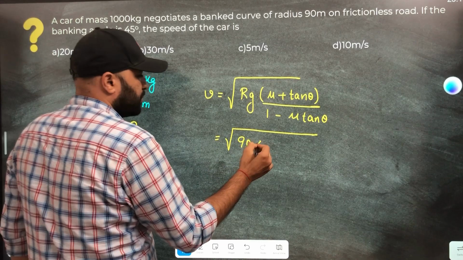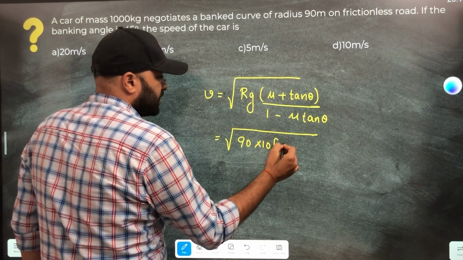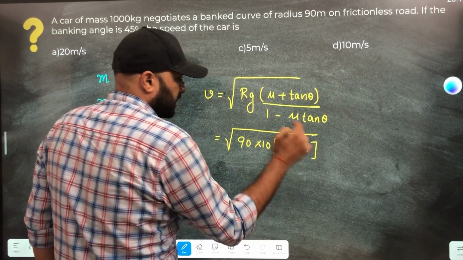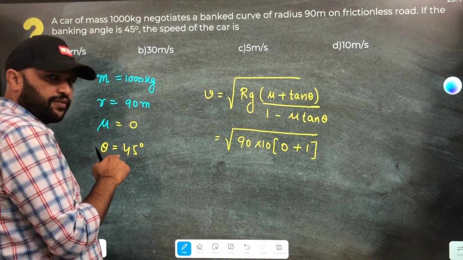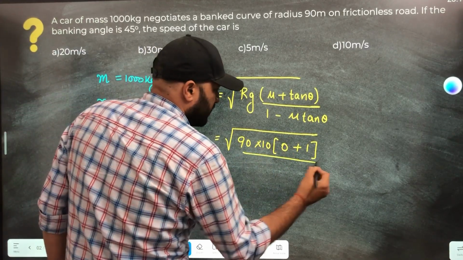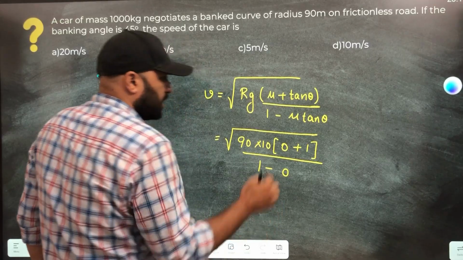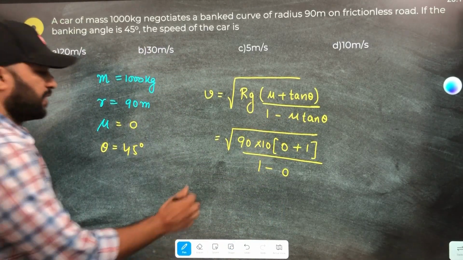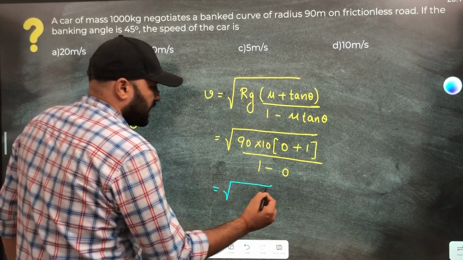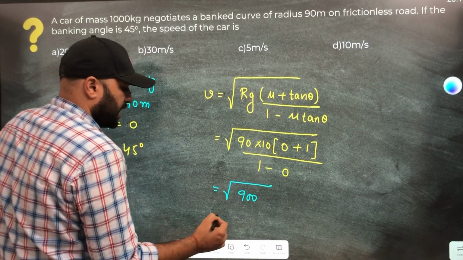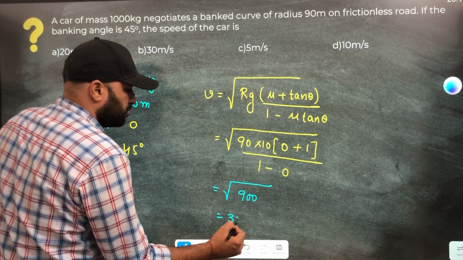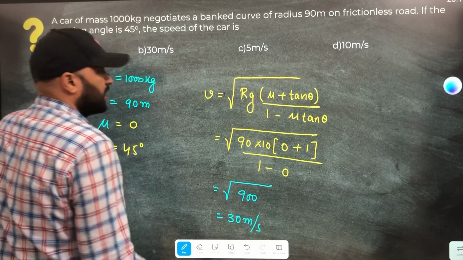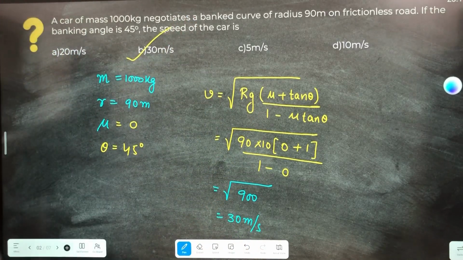G, acceleration due to gravity, is 10, and mu is 0. Tan 45 is 1. Let me remind you, theta is 45 degree, tan 45 is 1, whole divided by 1 minus 0, correct, because mu is 0. So this will give you under root 900, correct? And under root 900 is nothing but 30 meter per second. So correct answer here is 30 meter per second, option B.